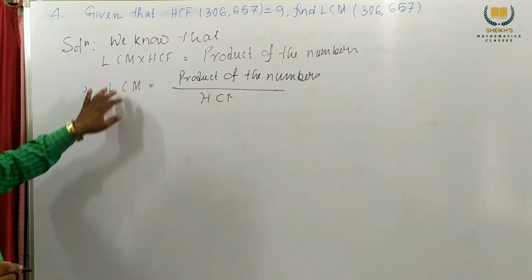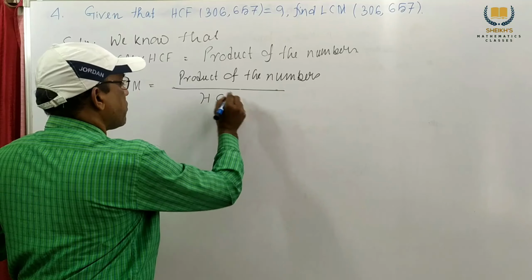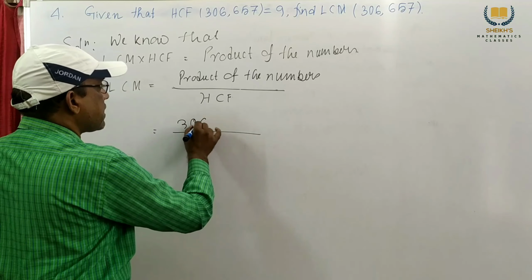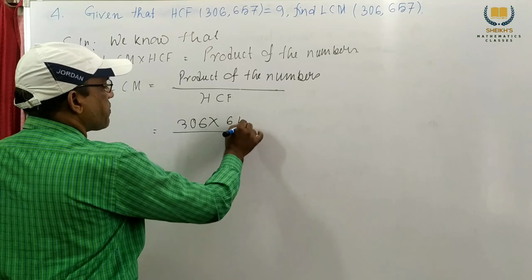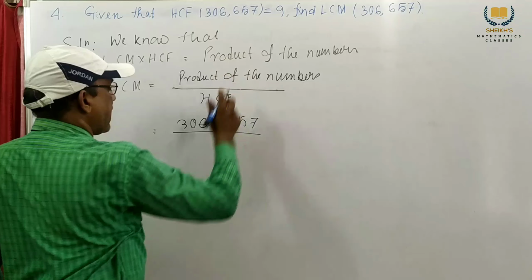Keeping LCM on the left hand side, taking HCF to the right hand side, we get this. The product of the numbers is 306 into 657, divided by HCF. HCF is 9.